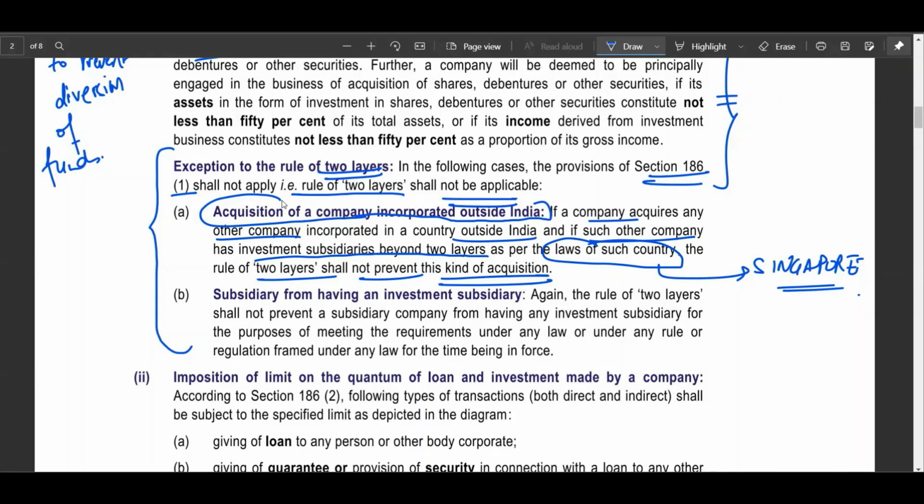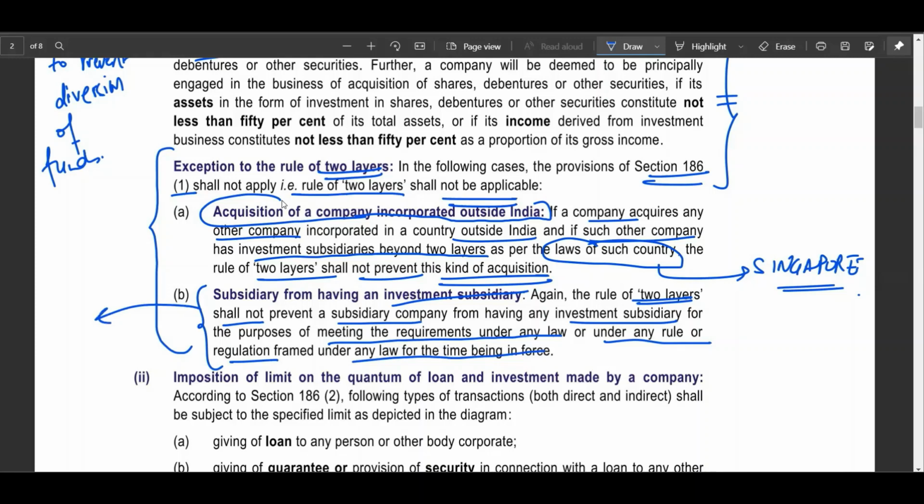All right, and the second part is about a subsidiary having an investment subsidiary. Again, the rule of two layers shall not prevent a subsidiary company from having any investment subsidiary for the purposes of meeting the requirements under any law or under any rule or regulation framed under any law for the time being in force.